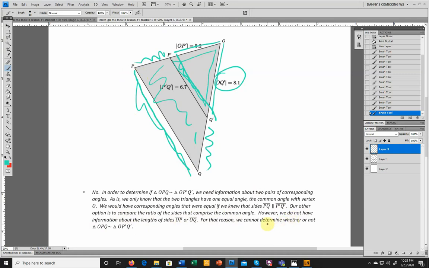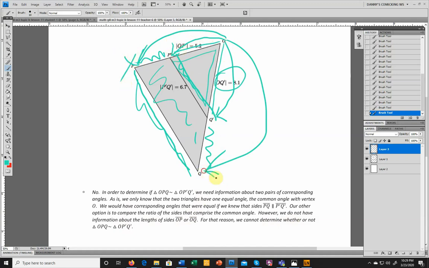However, we do not have information about the lengths of OP or OQ. We only know what OQ prime and OP prime are. We don't know what these are. For that reason, we cannot determine whether or not OPQ is similar to OP prime Q prime.